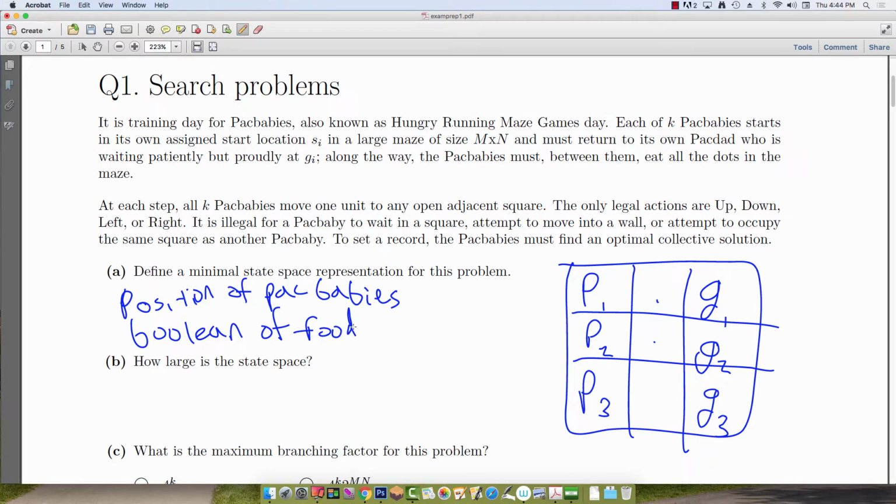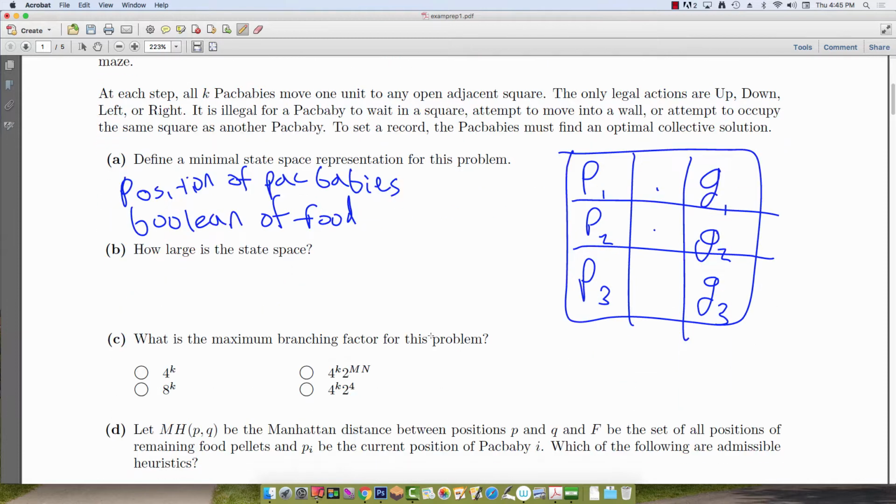These booleans will indicate the presence of food. So this is everything we need. The position of the dads is known, the position of the walls is known, so we don't need to encode that information.